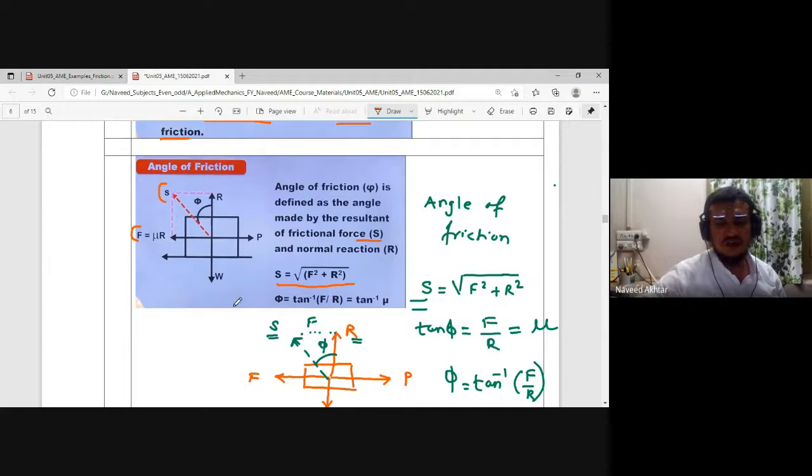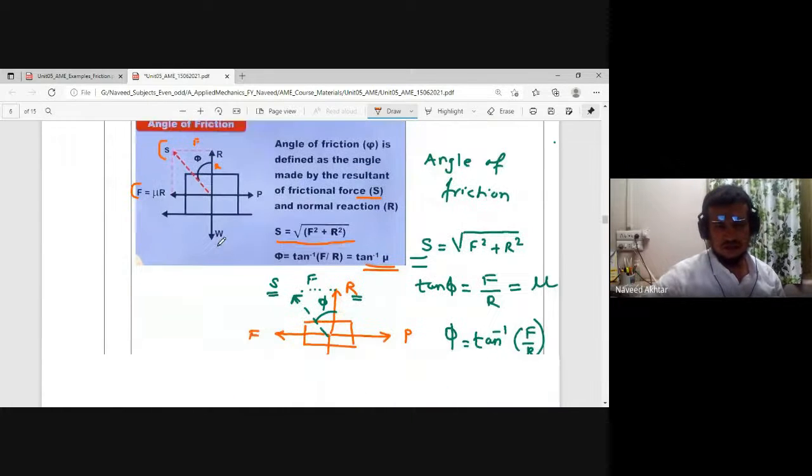So phi is equal to tan inverse of F upon R. This one is the F, and this one is R. So phi is equal to tan inverse of opposite upon adjacent, that is tan inverse of F upon R, tan inverse of mu. F by R is nothing but the value of mu.